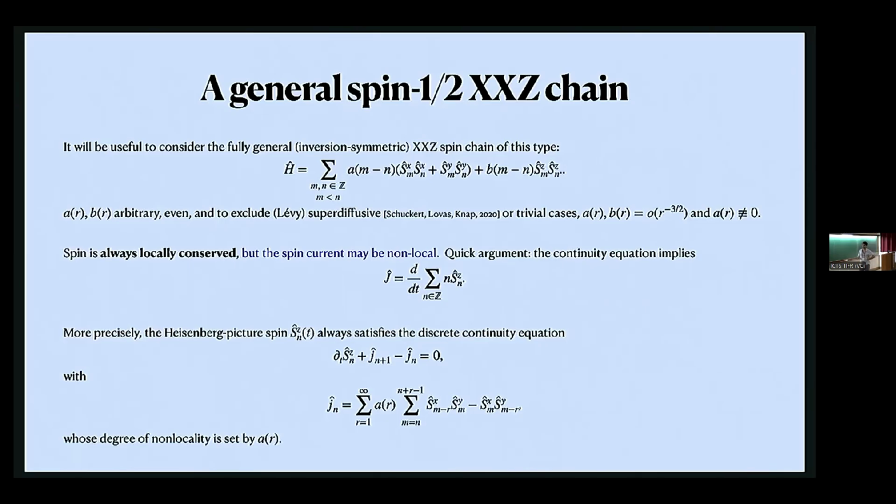But more precisely, I can just go to the level of the Heisenberg equations of motion and microscopically prove this continuity equation with this very non-local current. And with this assumption on how A decays, this thing is generally well enough behaved to work with.